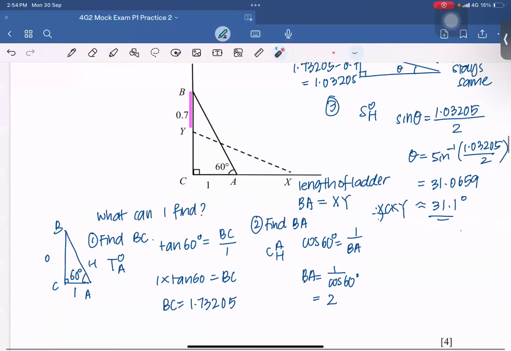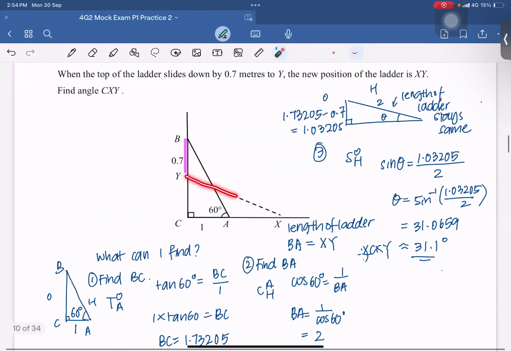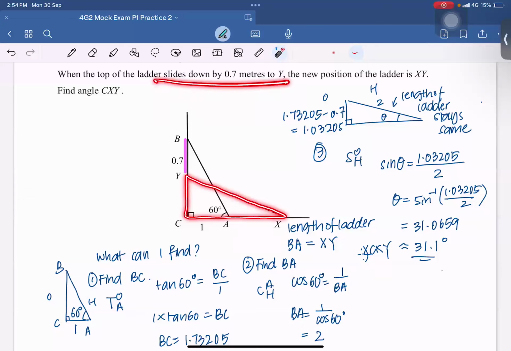So if I know that this is the measurement, I use my next part, they shifted down, right? Drop down, slide down by 0.7 meters. So from here, I have 1.732. Slide down 0.7.